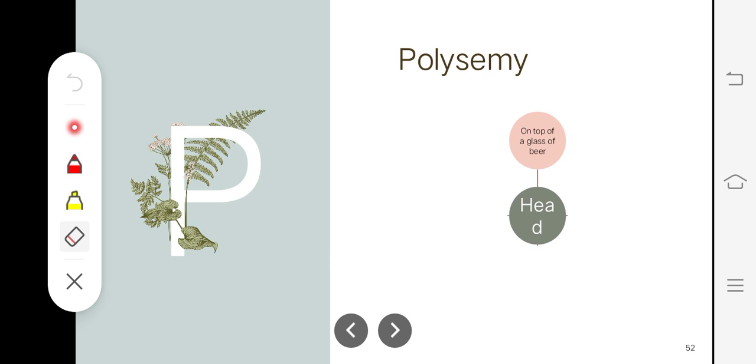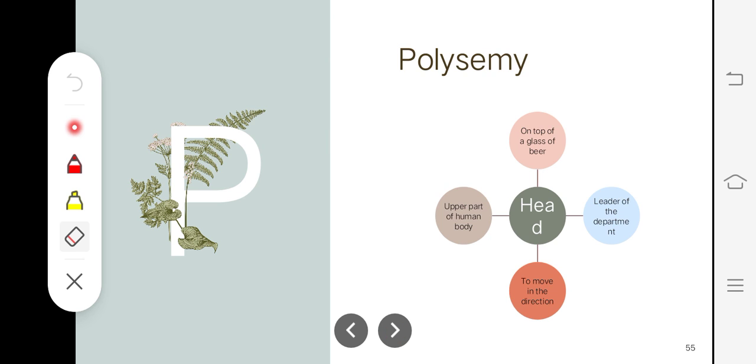We could use head as on top of a glass of beer, or department, a leader of the department, the upper part of the human body, or to move in a direction, for example, let's head there to the park.